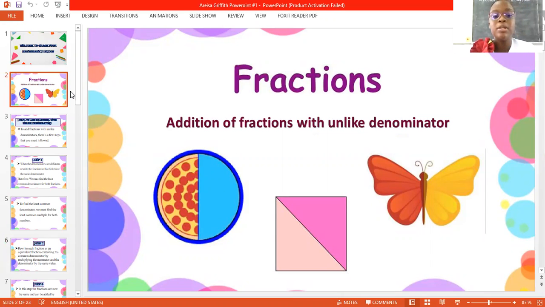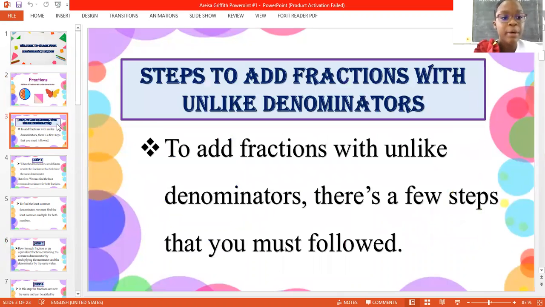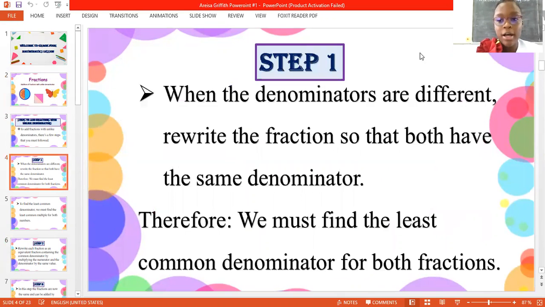Well, as I said, we'll be looking at addition of fractions with unlike denominators. And just like adding fractions with like denominators, there are a few steps that you must follow when adding fractions with unlike denominators. So step 1, read with me, it says that when the denominators are different, rewrite the fraction so that both have the same denominator.